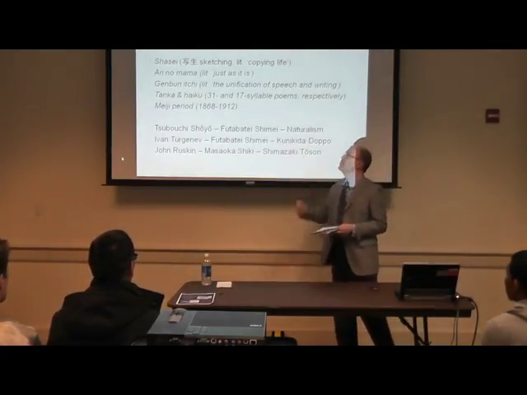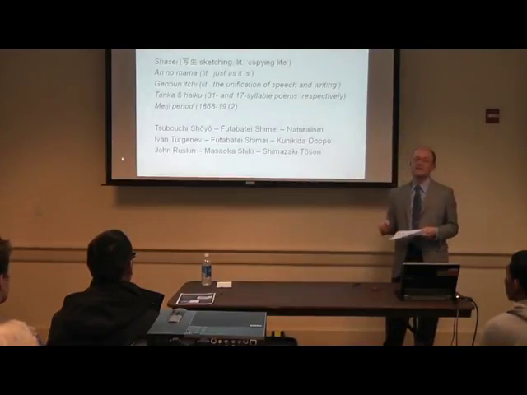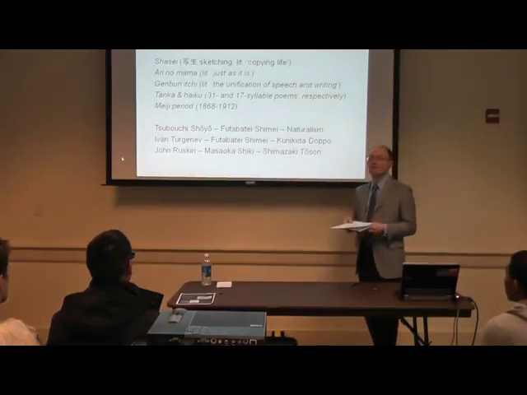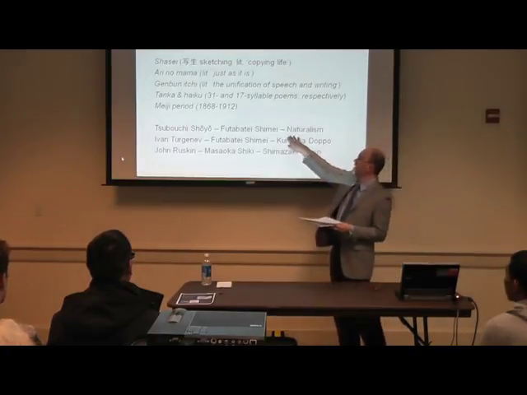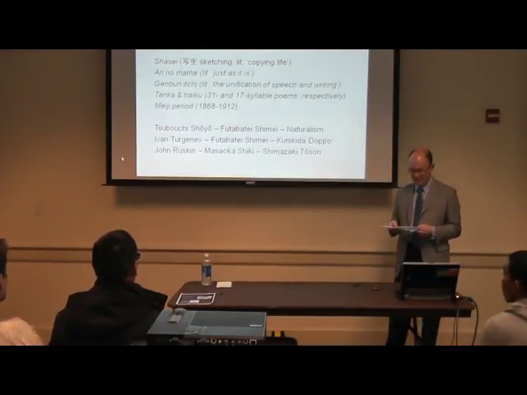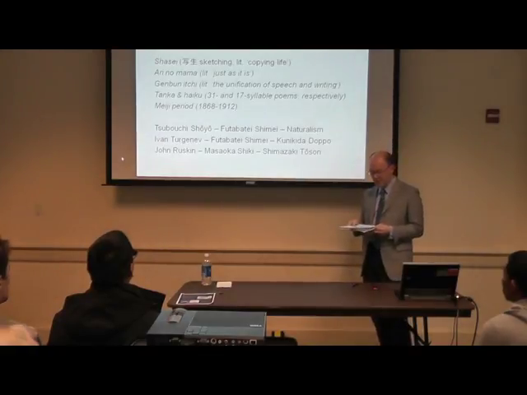And Futabatei Shimei, who knew Shoyo quite well and who is said to have been the first person to implement Shoyo's techniques or recommendations. And then finally, all of this is inherited by Japanese naturalism at the turn of the century, who are said to have brought these techniques to maturity in Japan.